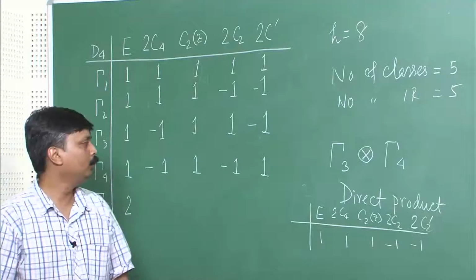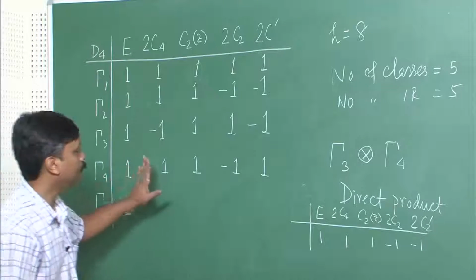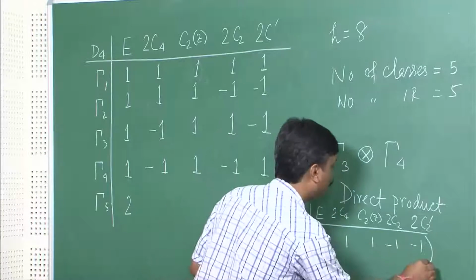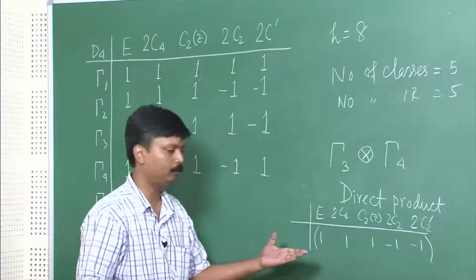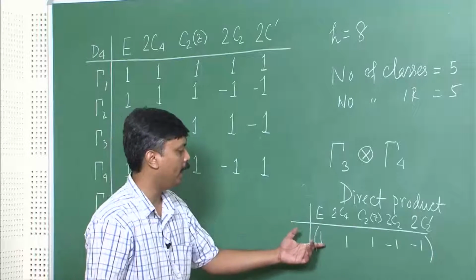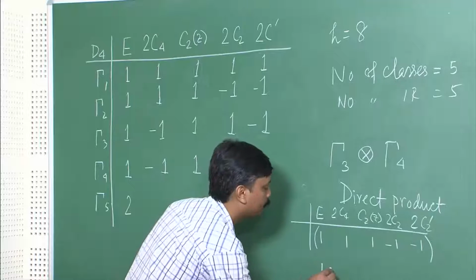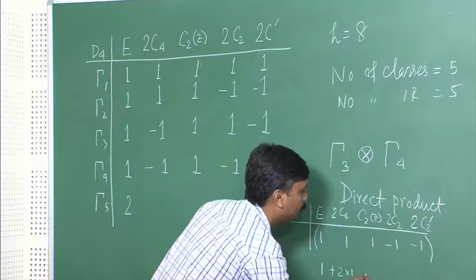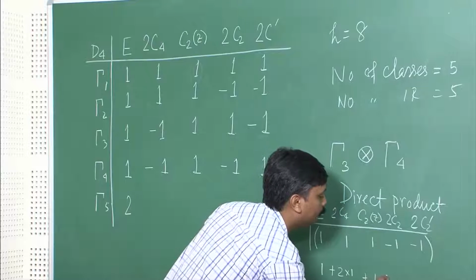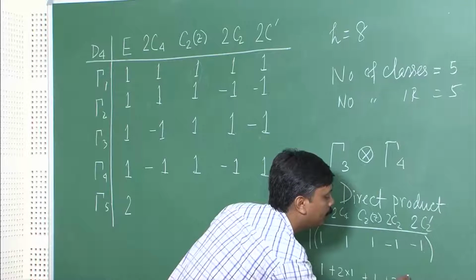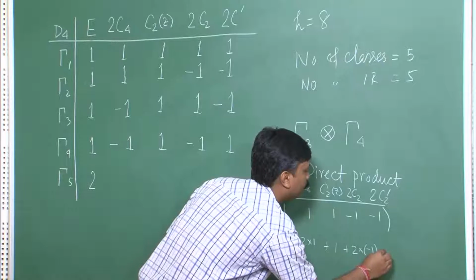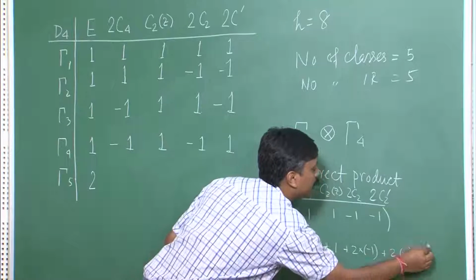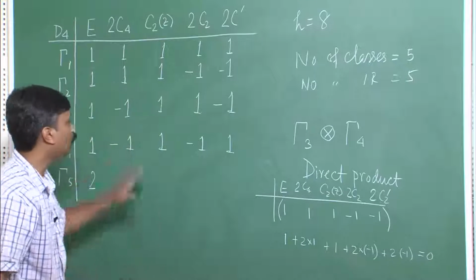Okay. So, if I have a sum of all these quantities at the end, I will have 1 plus 2 into 1 plus 1 plus 2 into minus 1 plus 2 into minus 1, which equals 0. This proves the orthogonality.